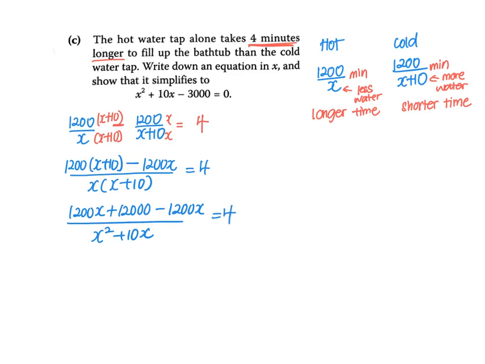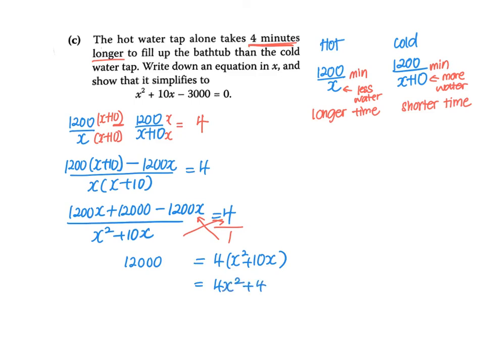And what can we do next? We can cross multiply over, and the equal sign stays in the center. 4 times x squared plus 10x. And on this side, both of them get cancelled away, so I'm left with 12,000.